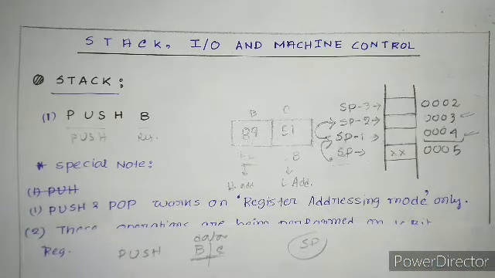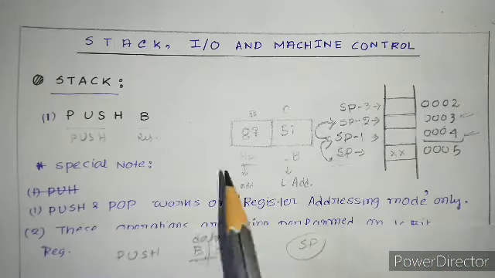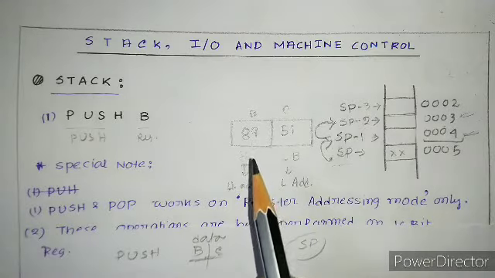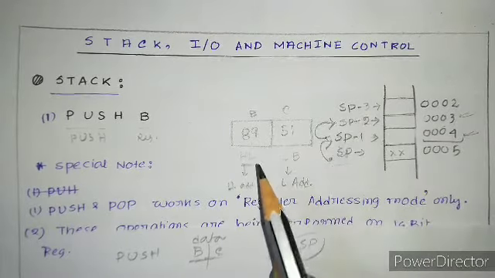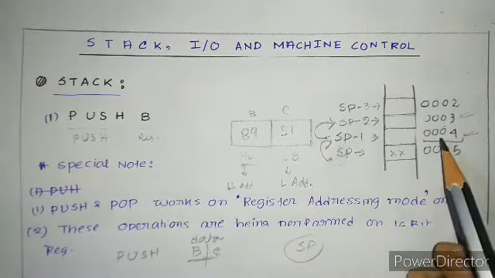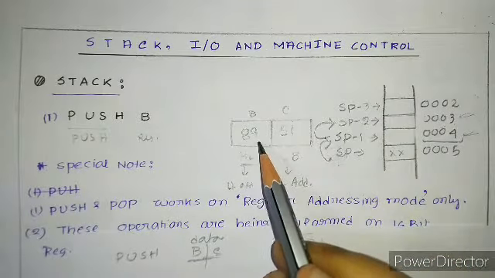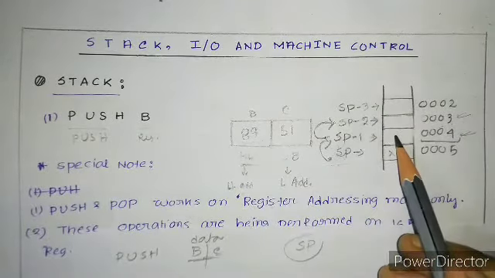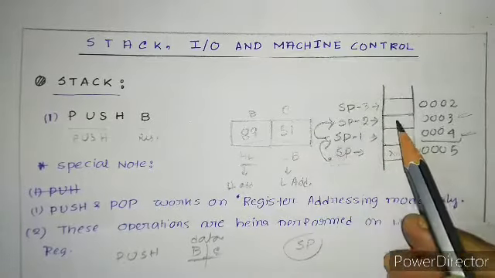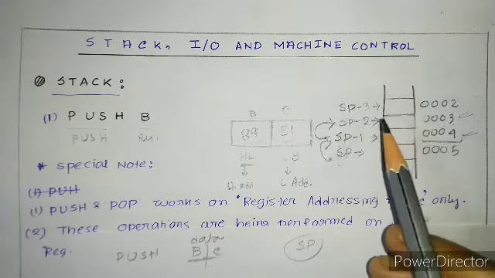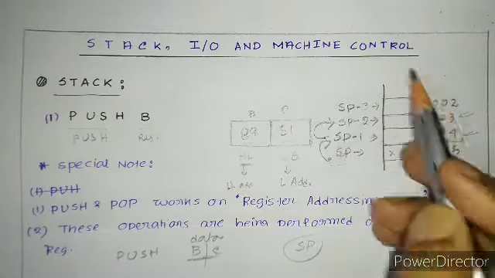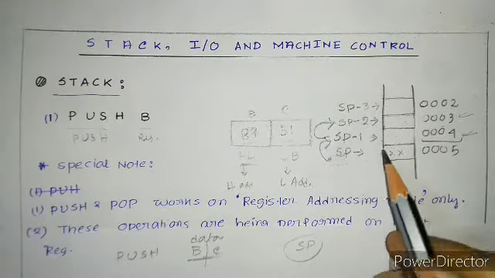Now we know that the microprocessor works on this principle: lower byte at lower address, higher byte at higher address. So we have to store the data 89 in 0004 and 51 in 0003. Clear? So this is my memory, and suppose there is some data.